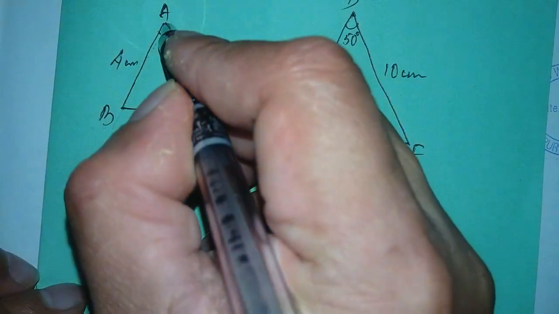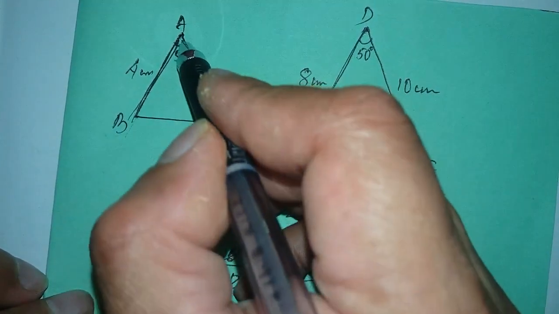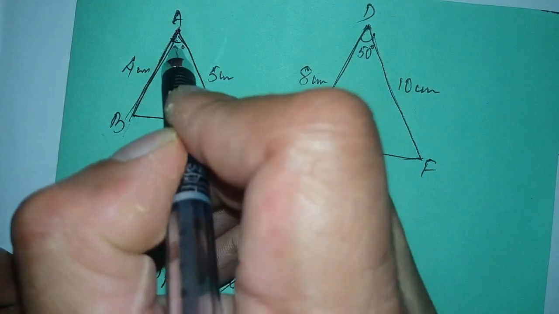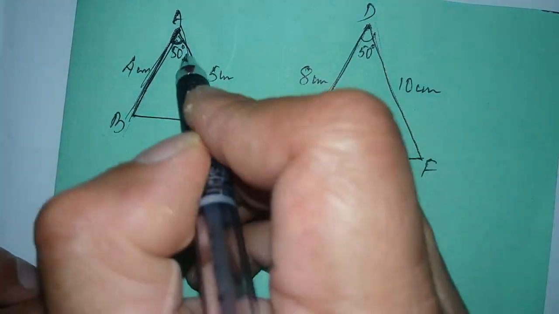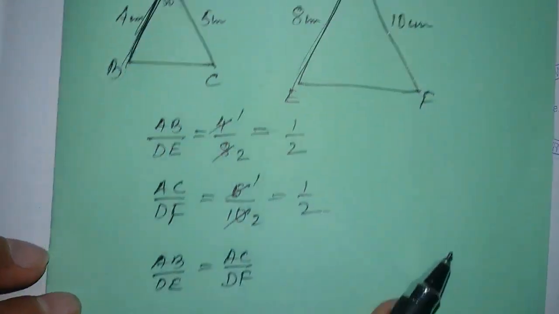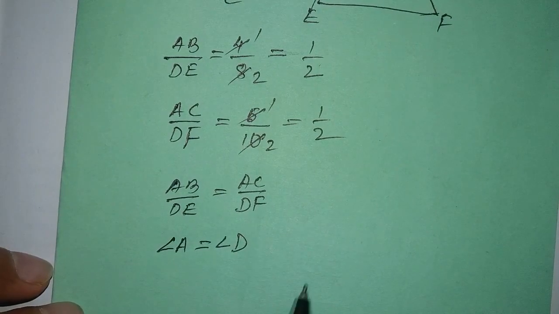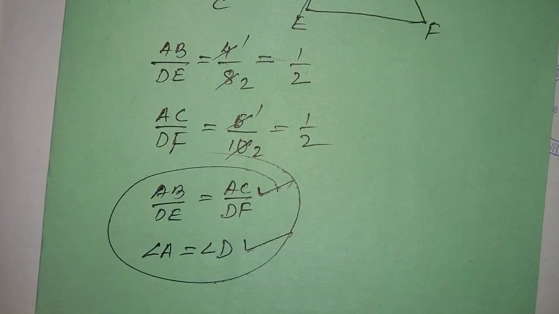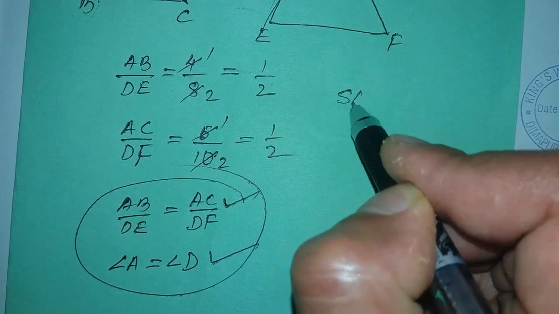Now since we are considering this side and this side, now we will check the included angle. That means the angle which is included by these two sides. So now again here, angle A is equal to angle D. These conditions satisfy the statement of side angle side similarity.